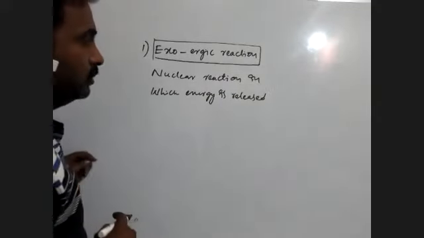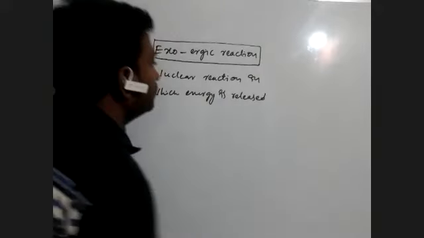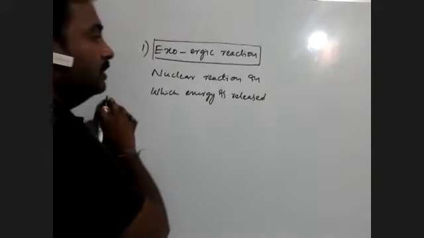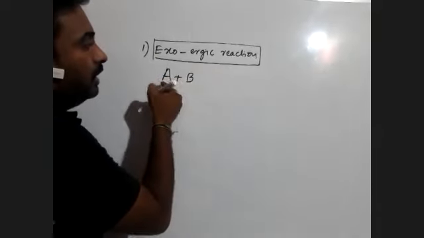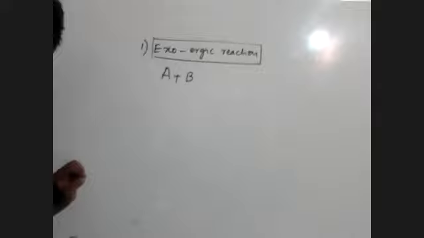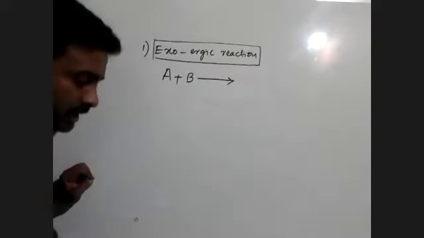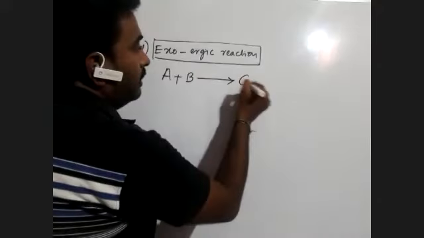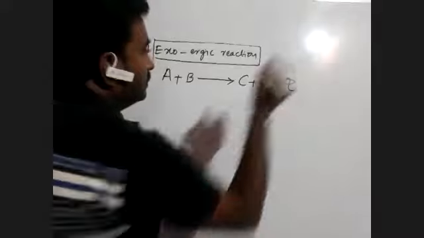So in this exoergic reaction, this is the definition: a nuclear reaction in which energy is released. I am taking a simple example. A, B are two different nuclei, and A, B are participating in a reaction and producing C, D and some energy.